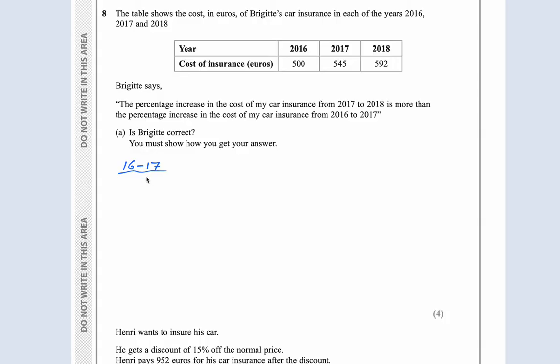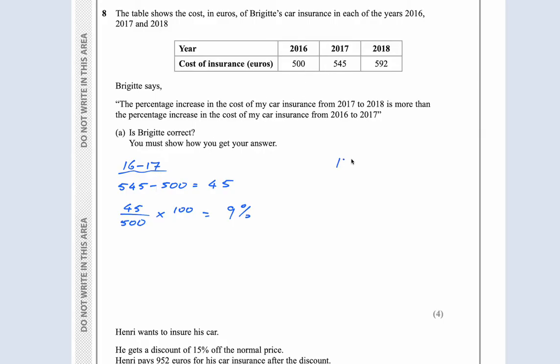The increase is 545 minus 500, which is 45. So the percentage increase is 45 over 500 times 100, and that is equal to 9. Use your calculator, guys, if you want. 9%. So her percentage increase from 16 to 17 is 9%.